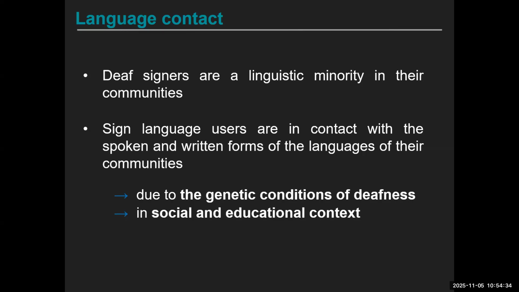So we can think about language contact within deaf communities. Of course, we have to understand signing deaf communities as linguistic minorities operating within the same geographies as their hearing counterparts, and so they can't avoid the spoken and written languages around them. We also have to think about how many deaf people are actually born to hearing families, which is about 95%.